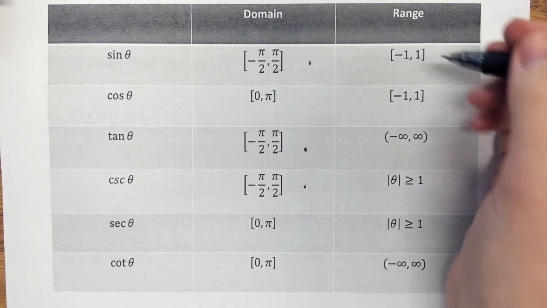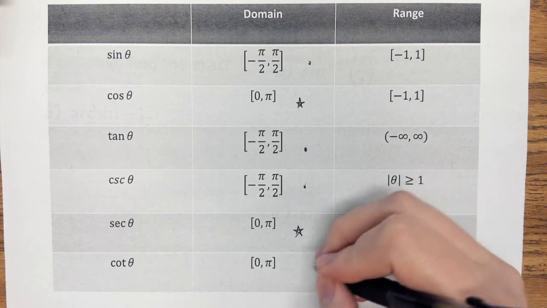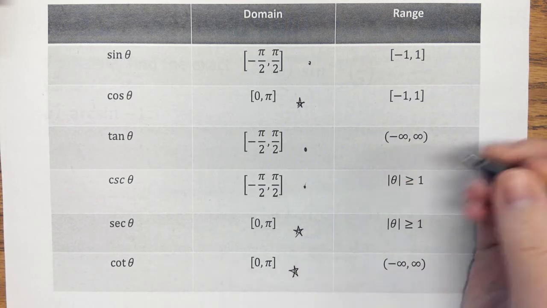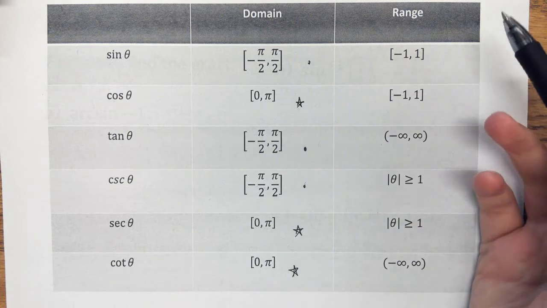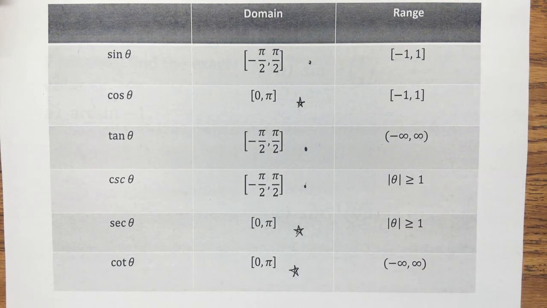The same sort of idea happens for cosine, secant, the reciprocal of cosine, and cotangent. They all have a restricted domain of 0 to pi. So your answers have to be between 0 and pi. Now again, if you need more time to write this down, you should pause the video here. This is really important. This is something that you're going to need to memorize.